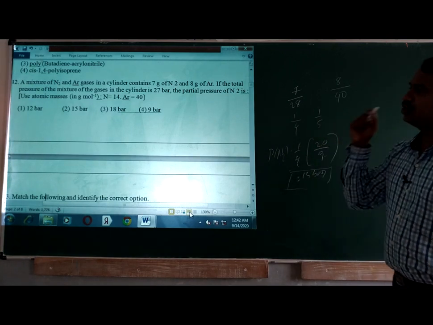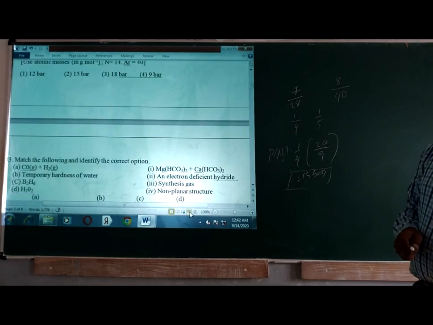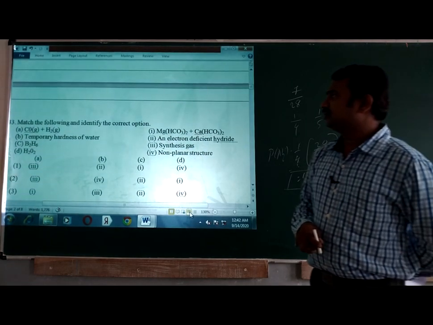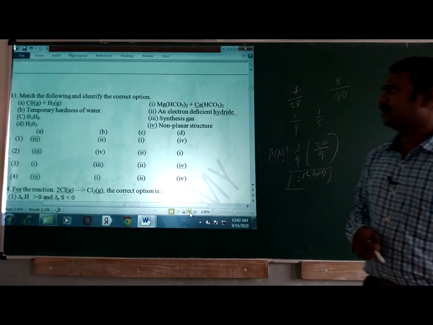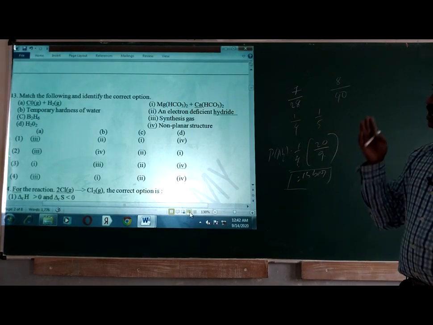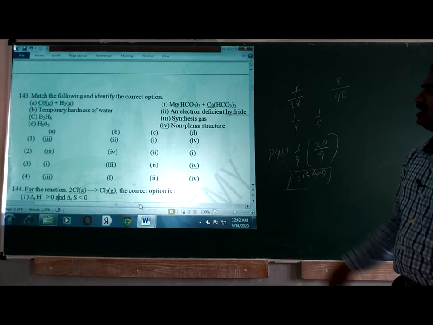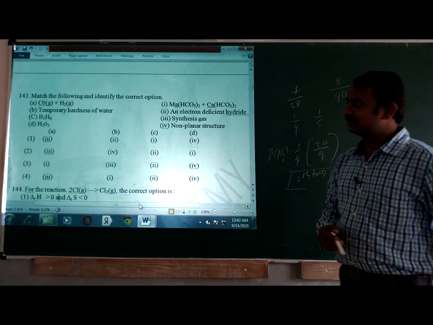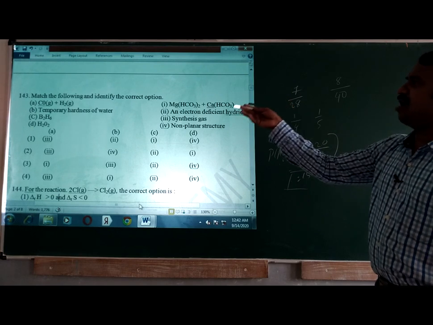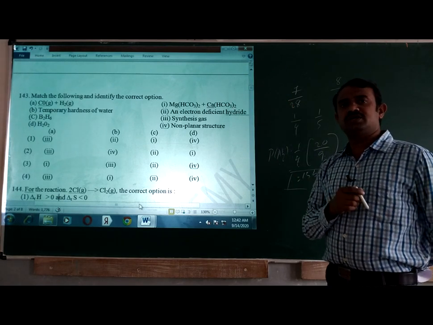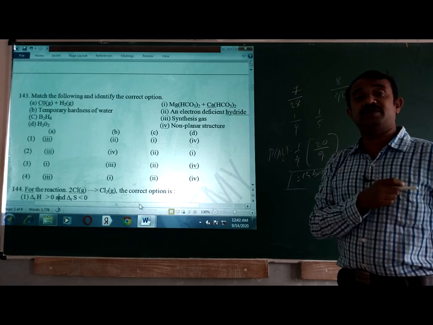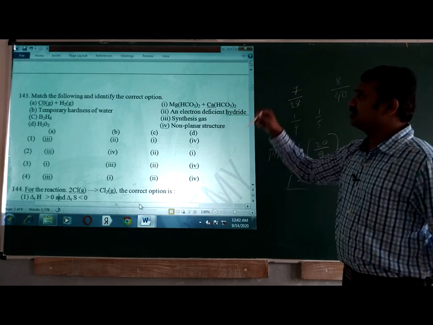Okay. Next one, match the following and identify the correct option. This is a hydrogen chapter. We can observe carbon monoxide and hydrogen is a synthesis gas. Next one, temporary hardness of water. We are using calcium bicarbonate and magnesium bicarbonate.